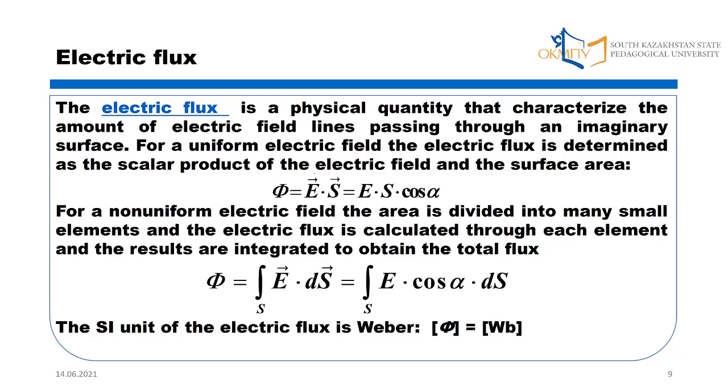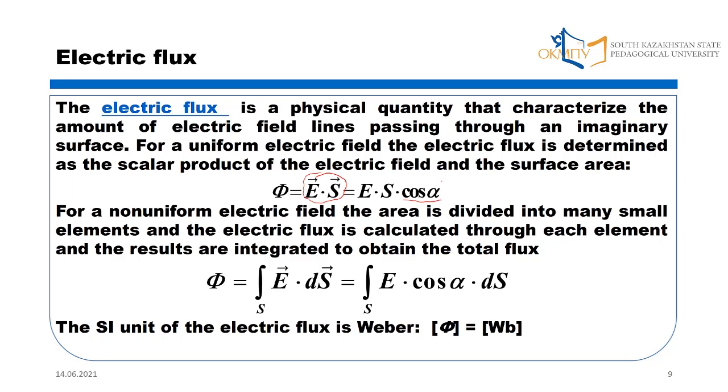This scalar product is equal to the product of the magnitude of the electric field, the magnitude of the area, and the cosine of the angle between these two vectors.